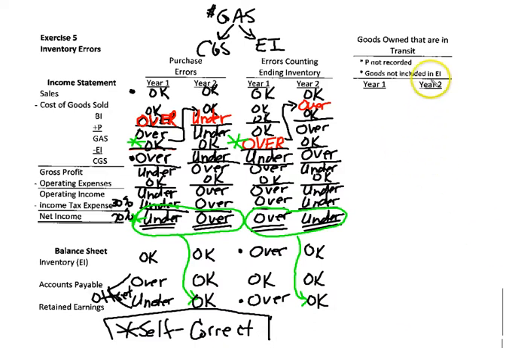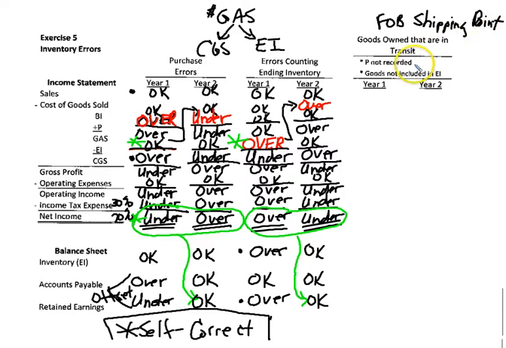Okay, the last one, goods that are in transit. Perhaps this would be FOB shipping point. So if the terms were FOB shipping point, then the goods could be in transit, but we own them.